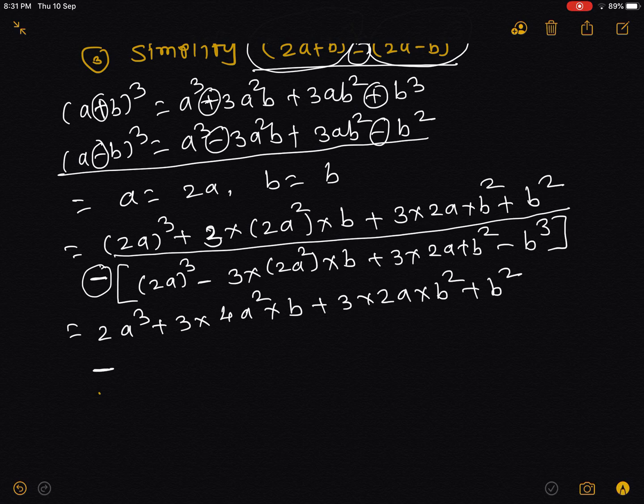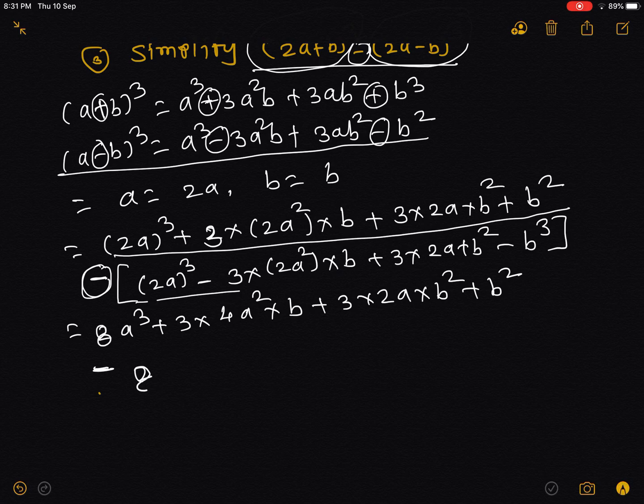Here is the minus sign, and we write it here. Then we solve the whole bracket, that means the sign of each term changes, that is 2a cube, sorry, here it is 8a³.